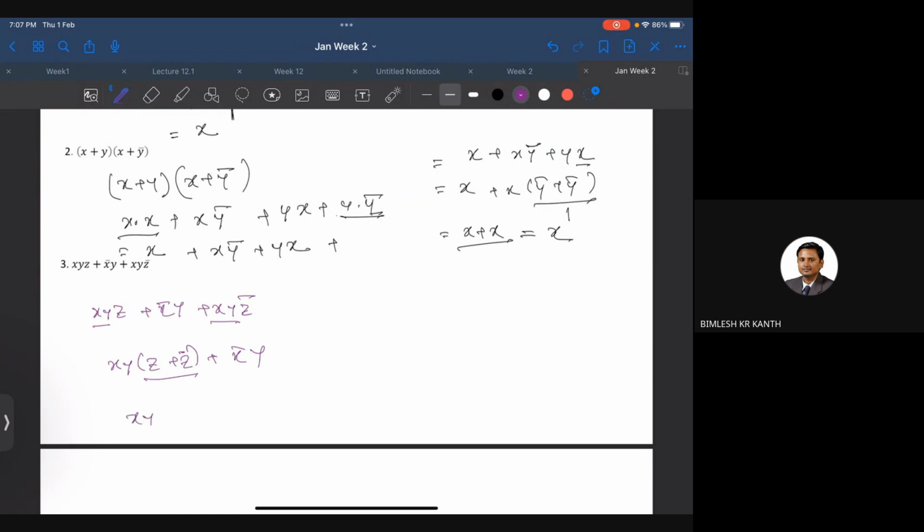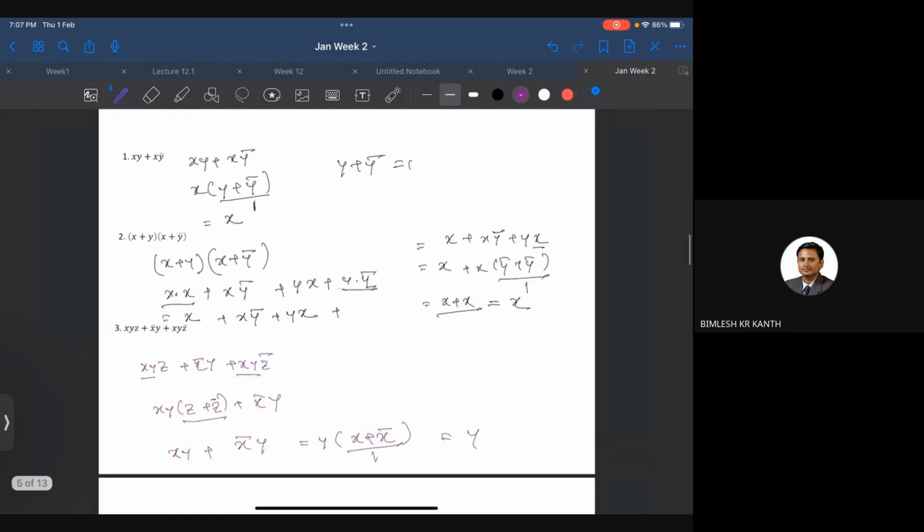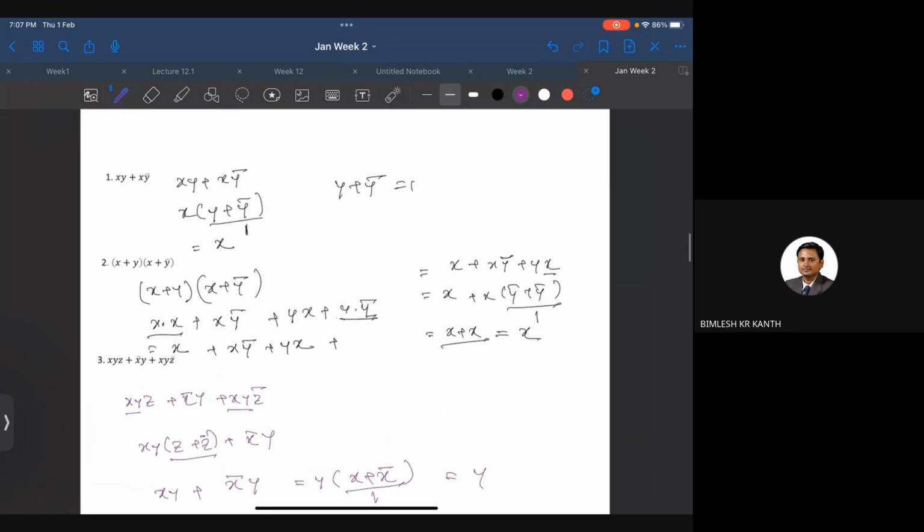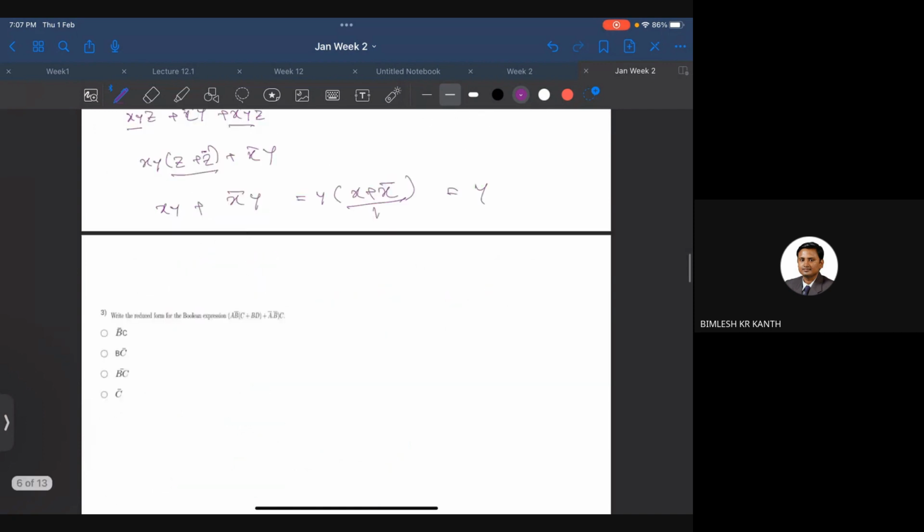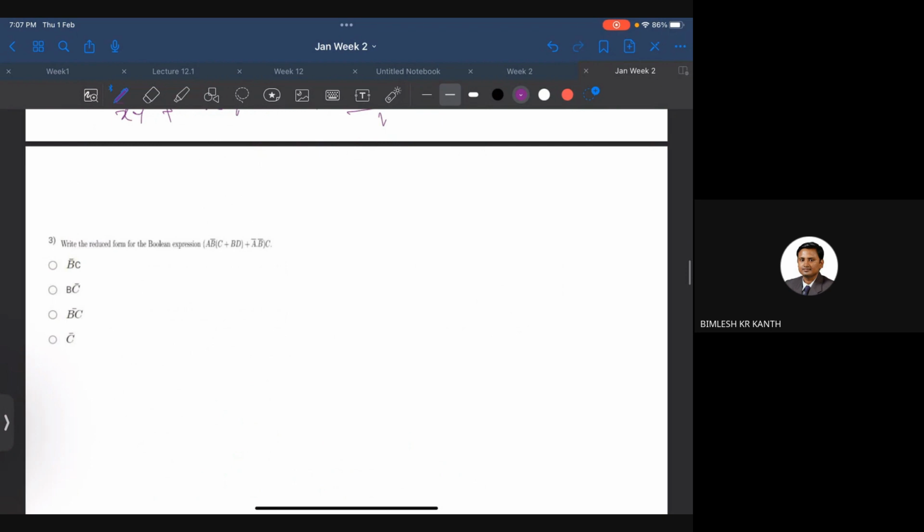So xy plus x bar y. Now we can take y common, so y times (x plus x bar), which again is 1, so the answer is y. So these three problems, any doubt? It's clear.